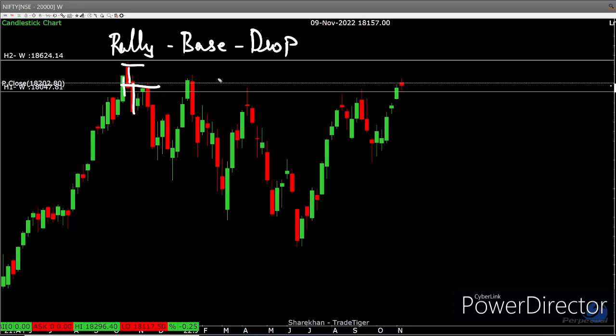So over here the weekly supply zone ranges from 18,150 to 18,710. So this is quite a big range, and if you had to trade this, it would take you a while, right?